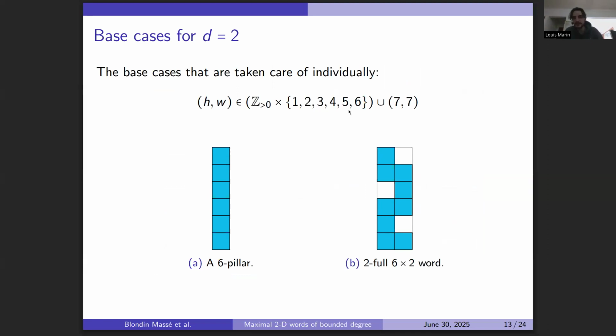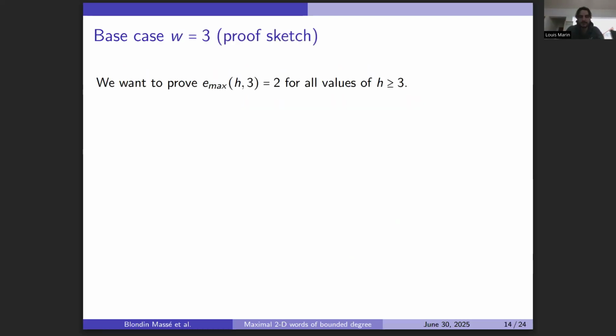The other base cases we proceed similarly, but each time with increasing amounts of cases to check and some small lemmas to obtain the result. But the basic philosophy, we'll see it with the case W equals 3. Remember that for one of the dimensions equal to 3, the excess was equal to 2.